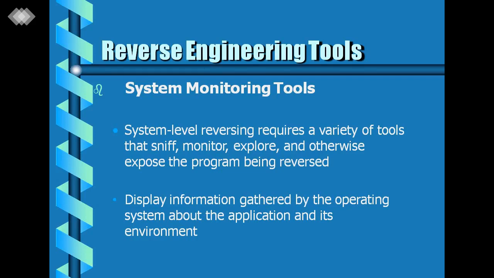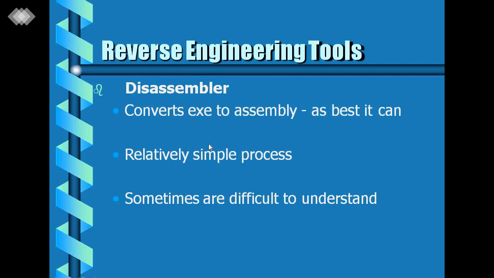It displays information gathered by the operating system about the application and its environment. Next, disassemblers, which convert executable code to assembly as best as they can. A relatively simple process, though sometimes difficult to understand.